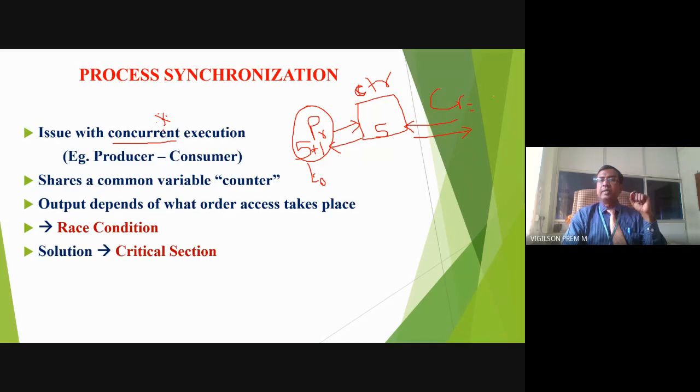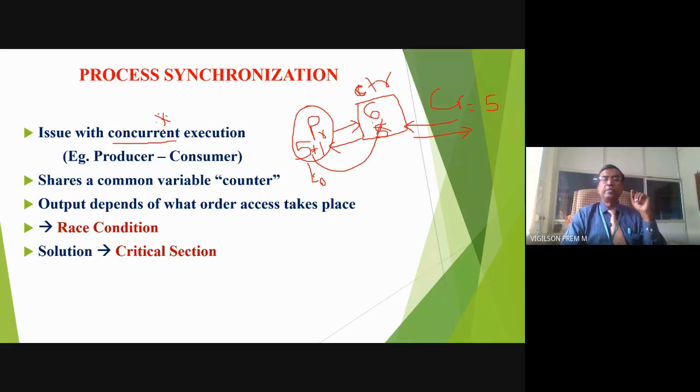So the consumer is now thinking the counter value is 5, and the producer is thinking the counter value is 5. Now the producer is producing one job, so it makes the value 5 plus 1, 6, and the producer updates the value to 6.